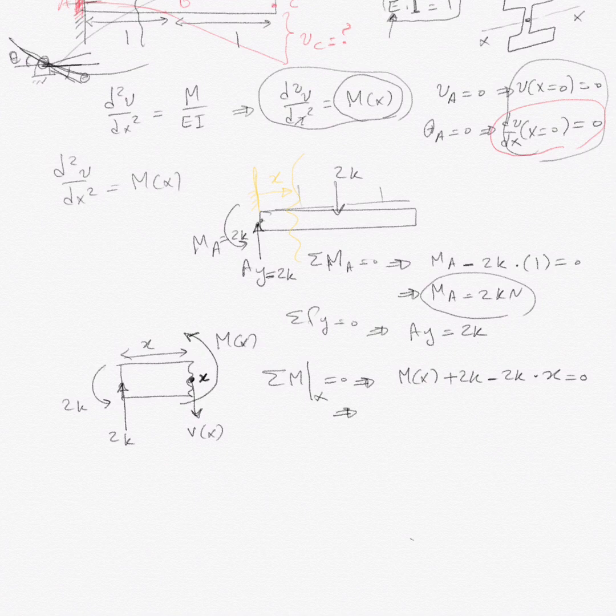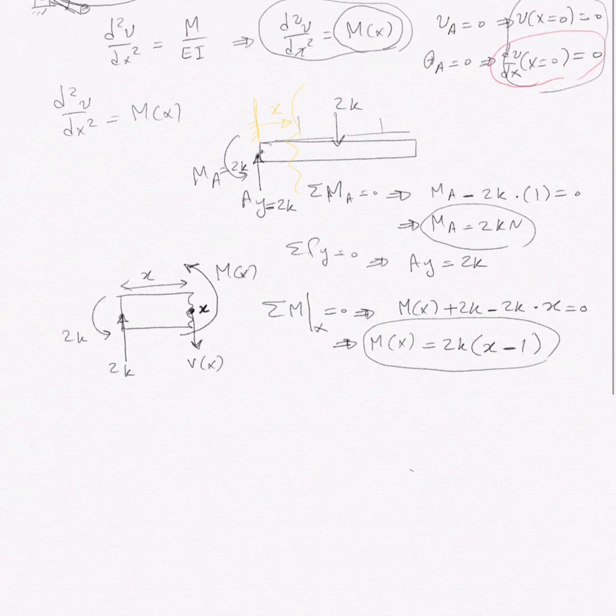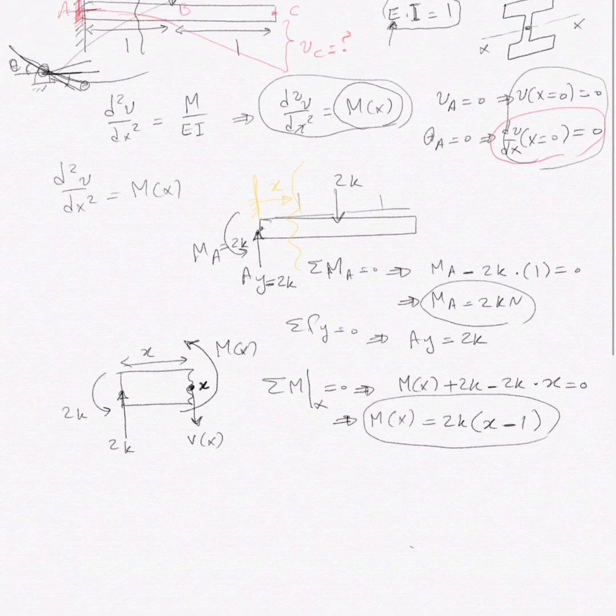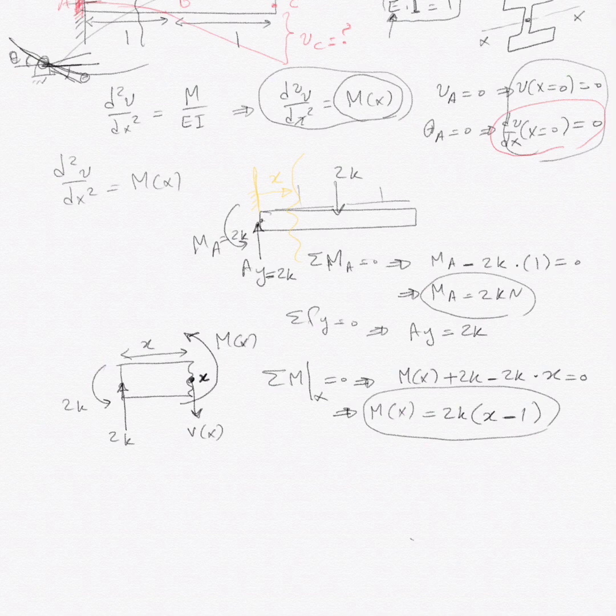Solving for that, you get Mx is equal to 2k times x minus 1. You just take it to the right side. That's your moment. So this is valid between 0 and 1. What about between 1 and 2?